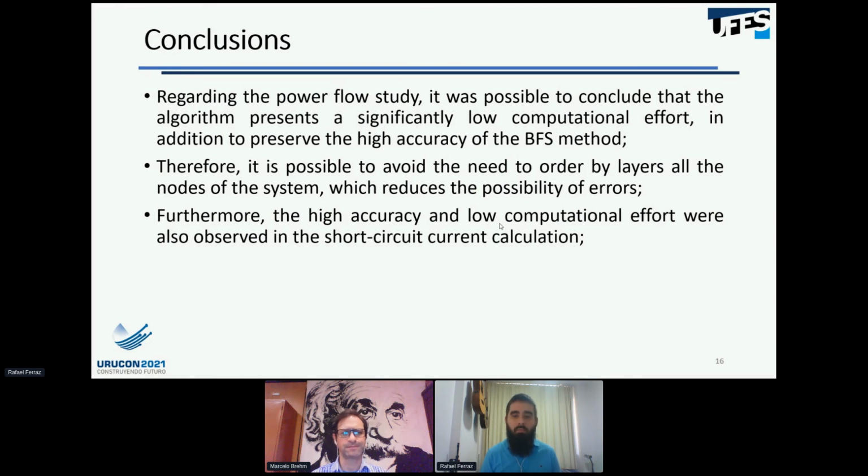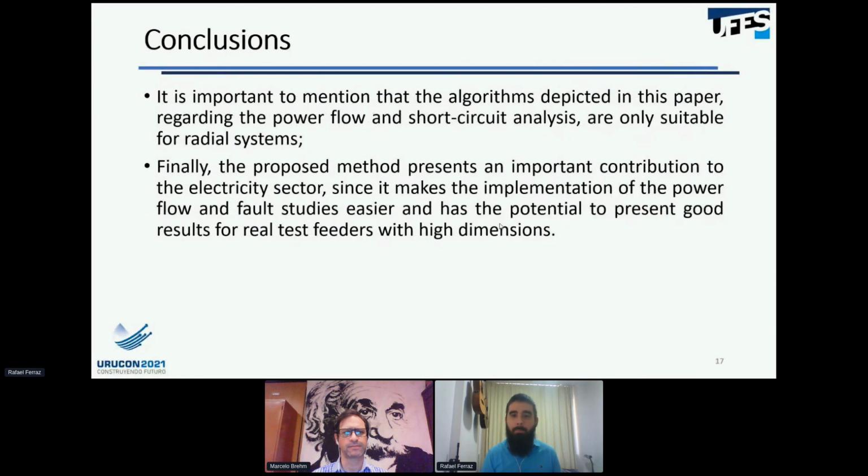Okay, the next one. Your algorithms are only suitable for radial systems, you say. Yes. When we use, for example, the backward-forward sweep, we need to have the radial system to calculate the voltage and current. So here I put this as a problem of this paper that it is just for radial systems.